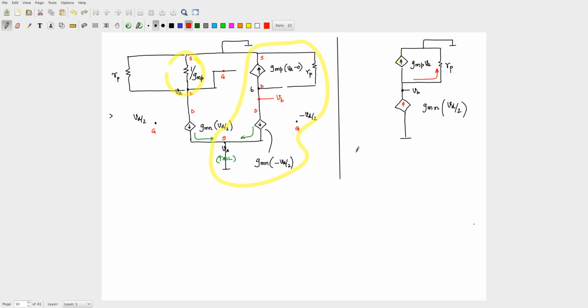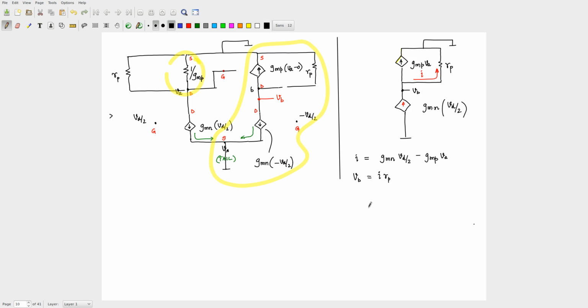Let me call that current I. So the current I will be given as GMN into VD by 2 minus GMP into VA. And if I have this current, I can find out what VB is as simply this current I going into that resistor RP.